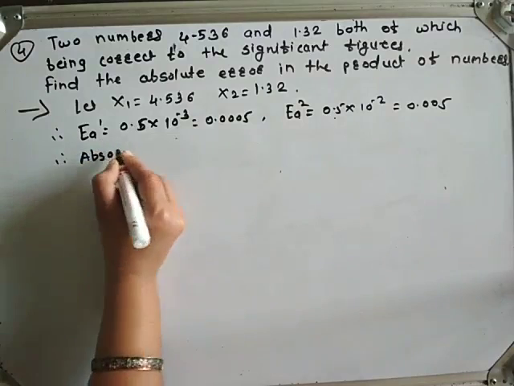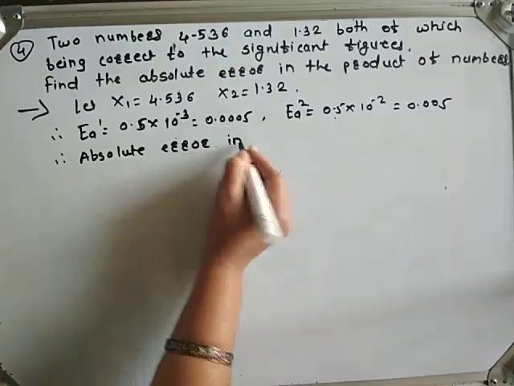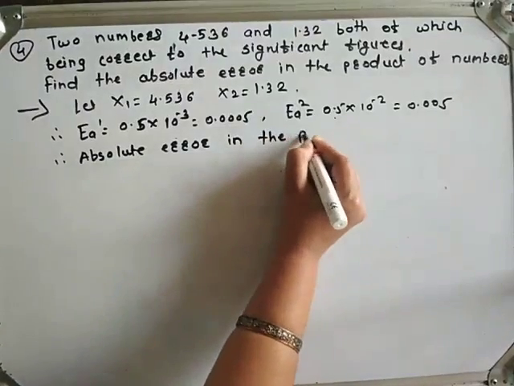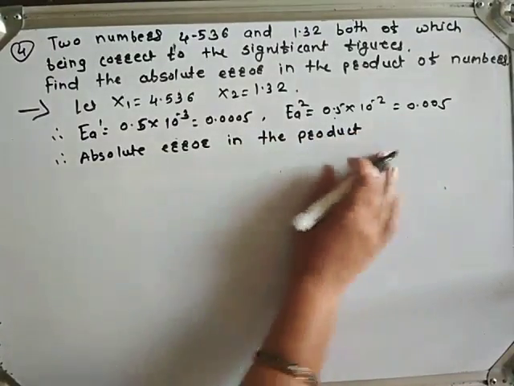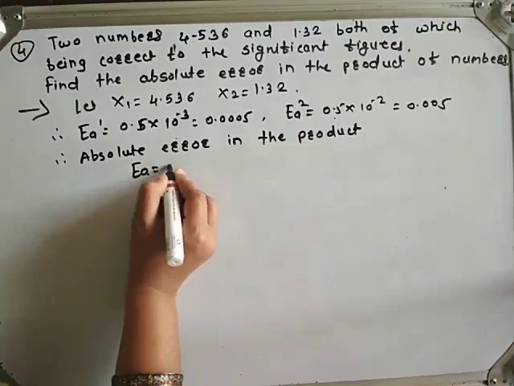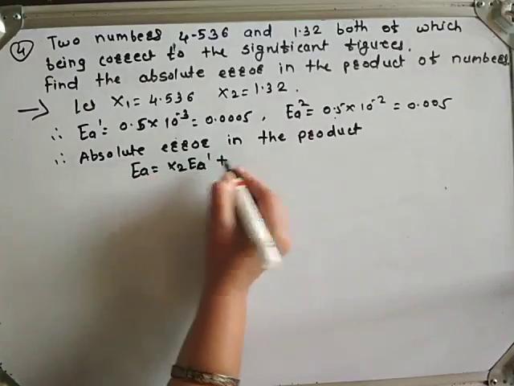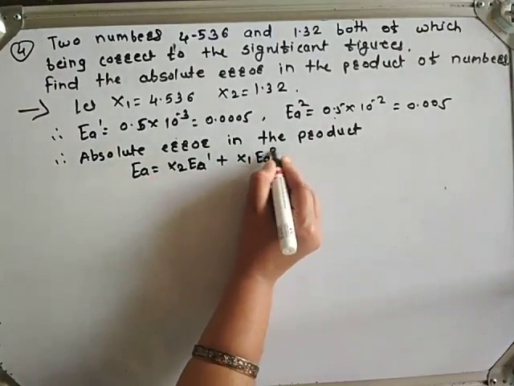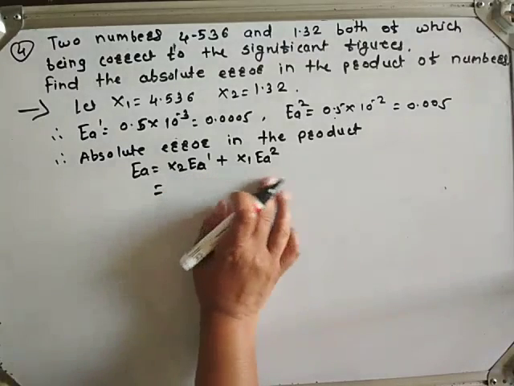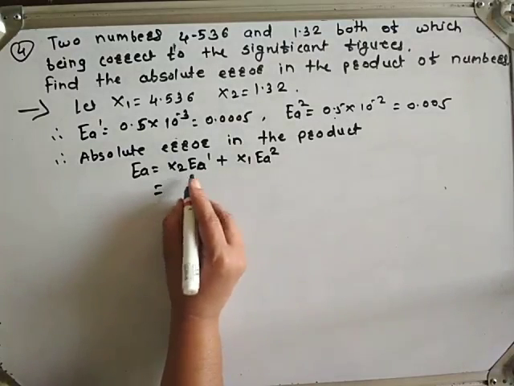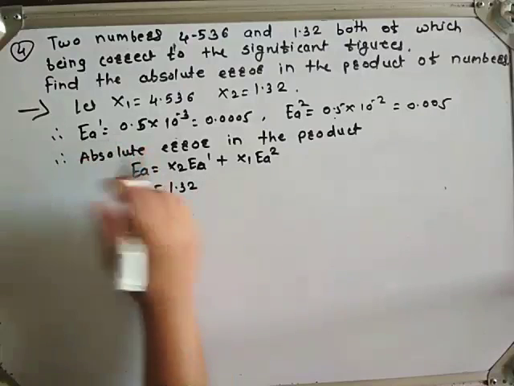Therefore, the absolute error in the product. We have just seen in the remark that EA equals x2 into EA1 plus x1 into EA2. Just put the values of x1, x2, EA1 and EA2 and add them. What is the value of x2? It is 1.32. What is the value of EA1?